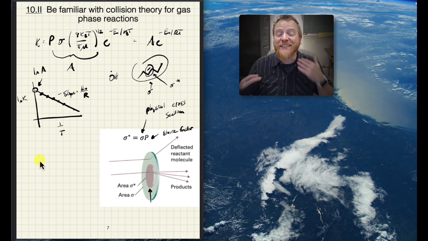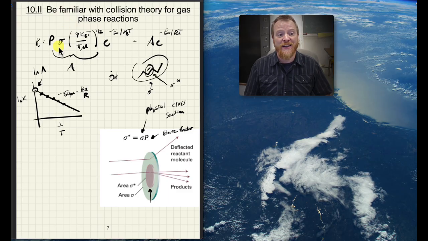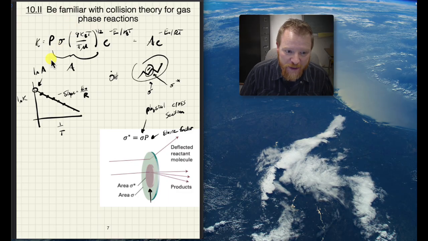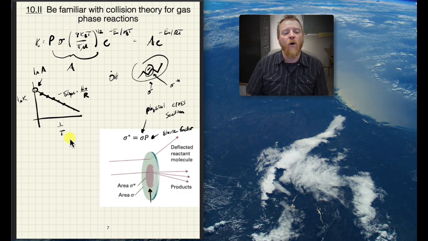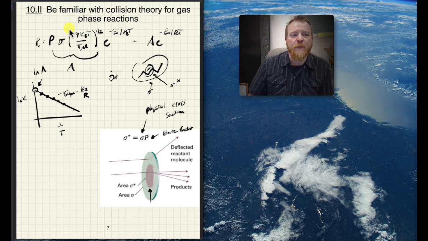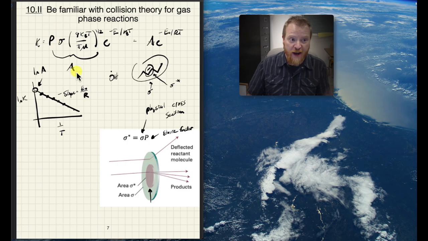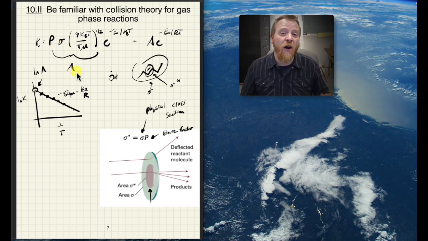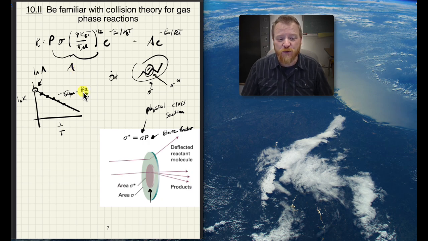However, it's really difficult to calculate what P is fundamentally. So if we only attempt to calculate A just based on our thermodynamics, not including that steric factor, then our A will be apparently fast. It will look like it's reacting too fast because generally that steric factor is less than 1, but not always.